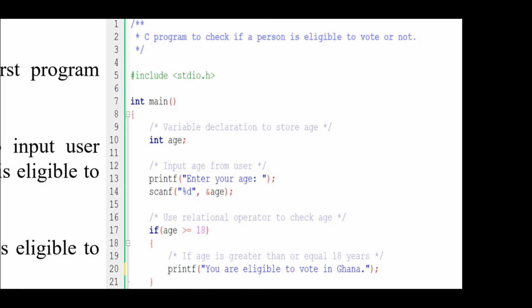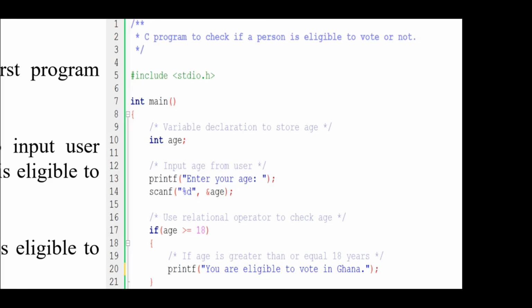we would have to declare our variable. In this case, since the age is an integer, the data type int comes before the age is declared. So you have int age. Now, we would need some input into the code before we can tell whether the person is eligible to vote.